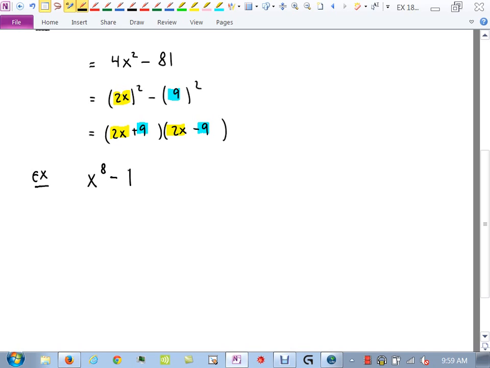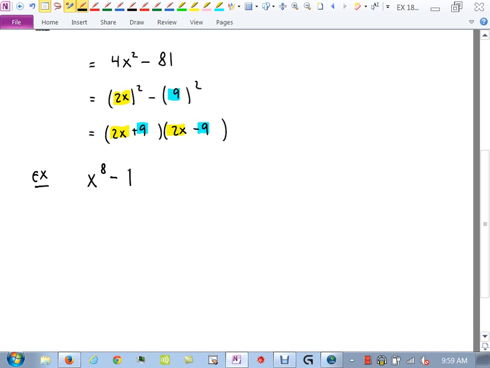Well, we have two terms, right? Does it look like a difference of squares? Well, we have subtraction between them, and this one's positive, so it does look like something minus something, right? But is it something squared? No, I mean, x to the 8th is not necessarily something squared, when you just look at it.